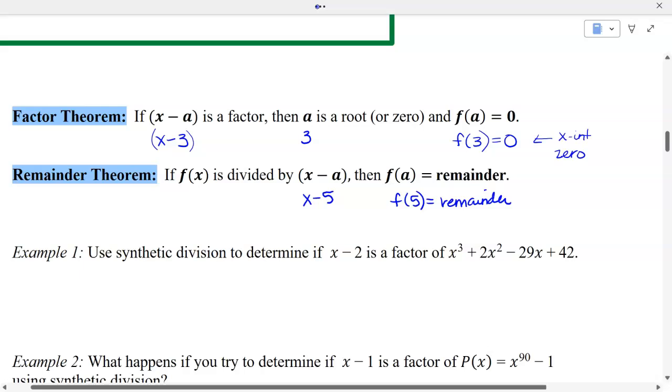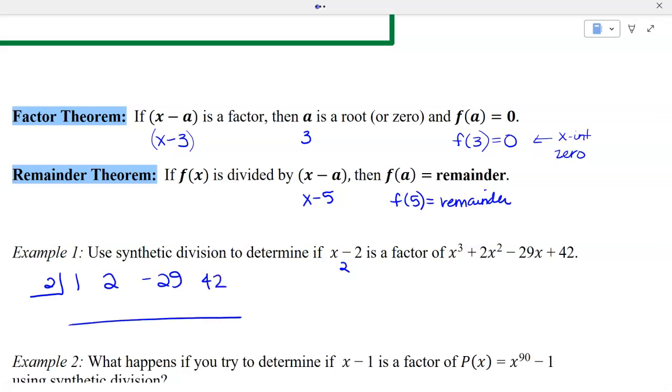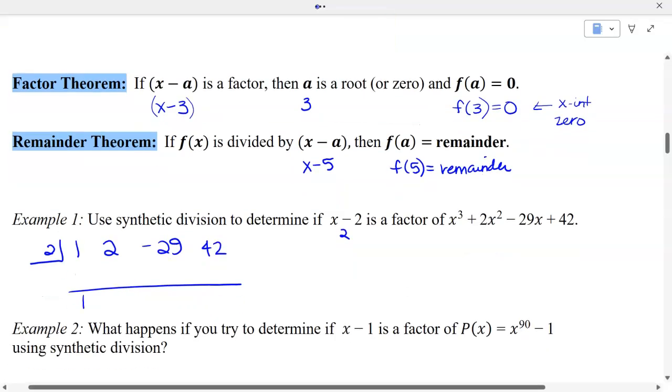So let's take a look at this next one. It says determine if x minus 2 is a factor of this polynomial, x cubed. We could do synthetic division, where we would do 2 into our polynomial. Our coefficients are 1, 2, negative 29, and 42. Let's see if this is a factor.